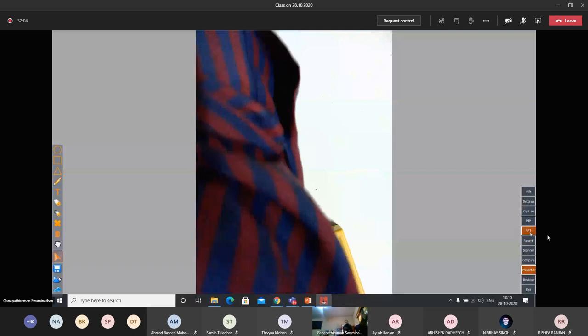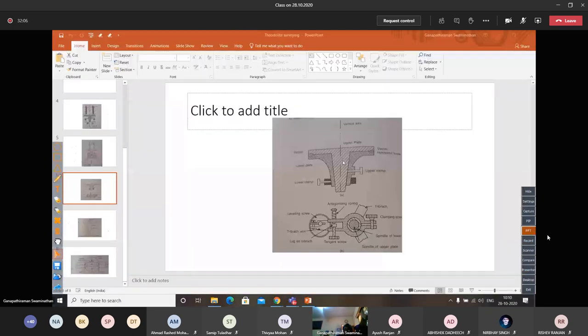So you have got your 2 clamps, upper clamp and lower clamp. When you operate the upper clamp, the reading will change. That you should register in your mind. Movement of the upper plate will change the reading.